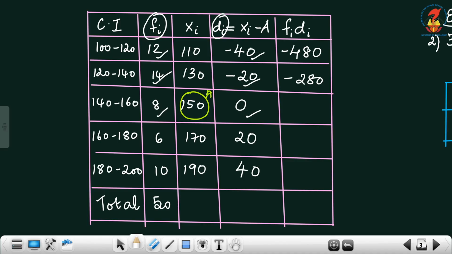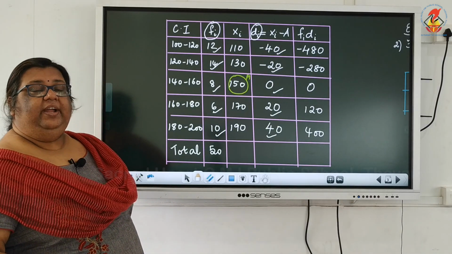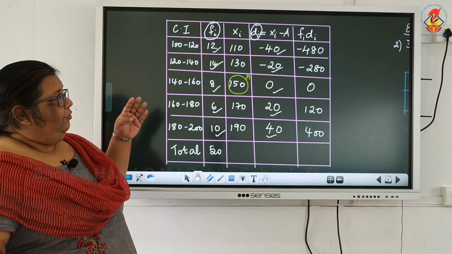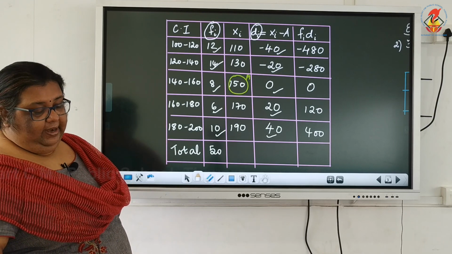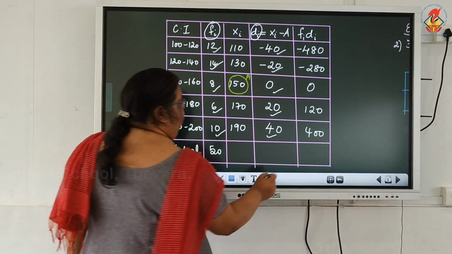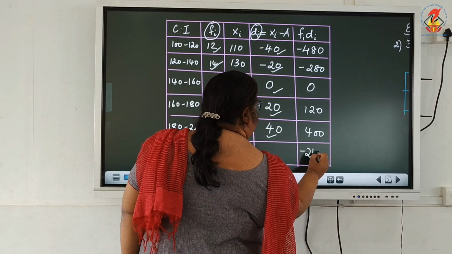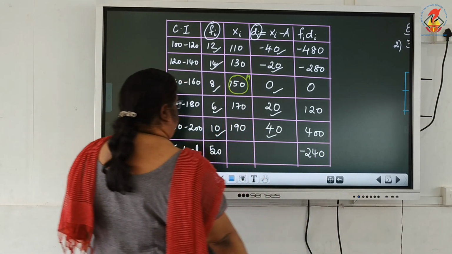Then 8 into 0, 0. 6 into 20, 120. 10 into 40, 400. So these are the fi di values and we have to find the sum. When we find the sum, it will become sigma fi di, and you will get the answer as negative 240.